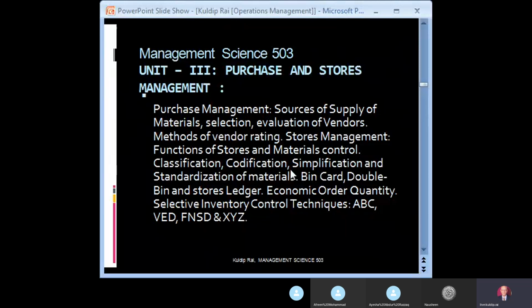Once the code is there, each item is uniquely identified. When a supplier supplies the material, I just enter the code and accept the material. When an issue is to be made, I just enter the code and retrieve all the information. This activity is called codification.